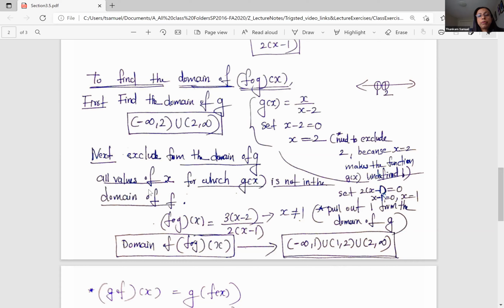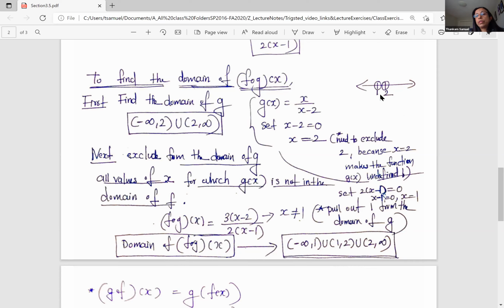We need to exclude all such values of x; in this case, the value of x is 1. When we exclude that value from the domain of g, then the domain of the composite function is negative infinity to 1, right?